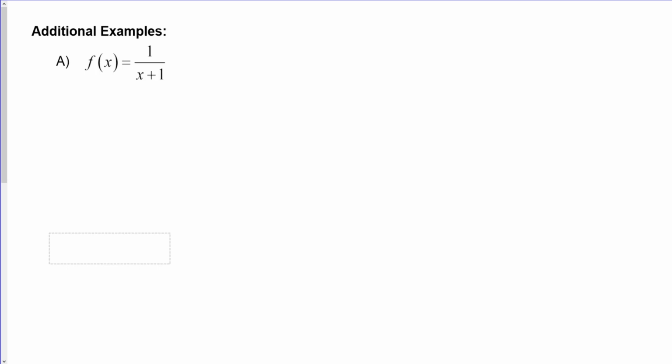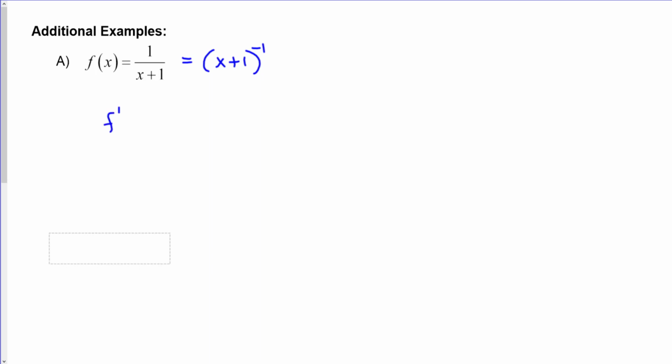Sometimes students prefer not using the quotient rule, and that's perfectly okay as well. I am one that tends to avoid the quotient rule when I can. And you can here, because you can rewrite this as x plus 1 to the negative 1 power. So raising something to a negative exponent is the same thing as inverting it. So now the chain rule can apply.